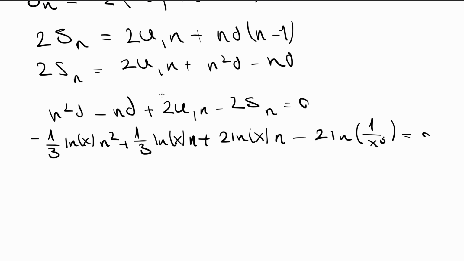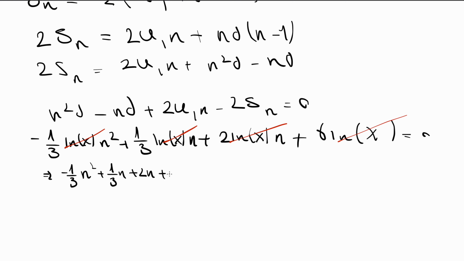So this really becomes plus 6 ln of x. So now if you factor out the ln of x, you'll simply get rid of it. So in the end, you'll have negative 1 over 3 n squared plus 1 over 3 n plus 2n plus 6 equal to 0.